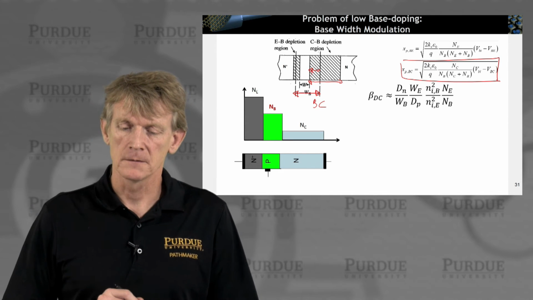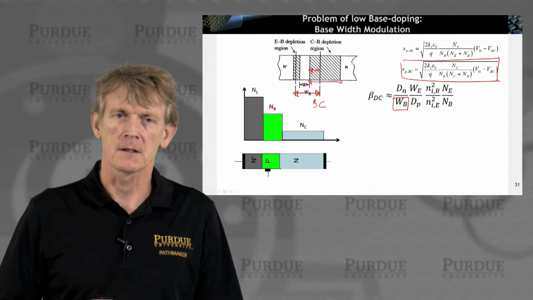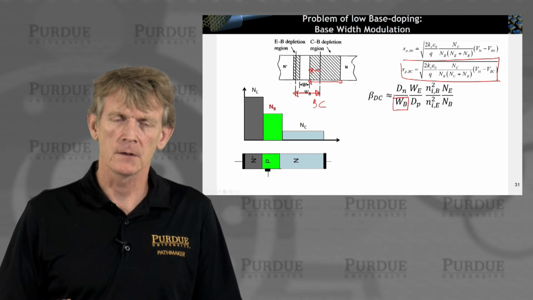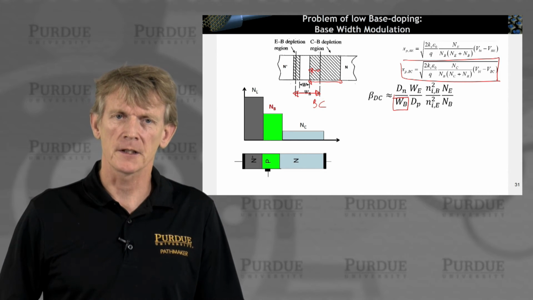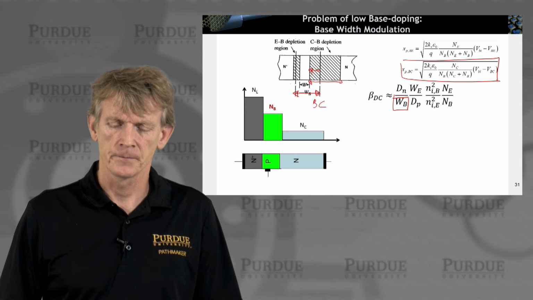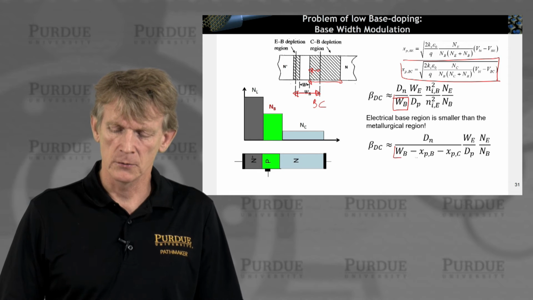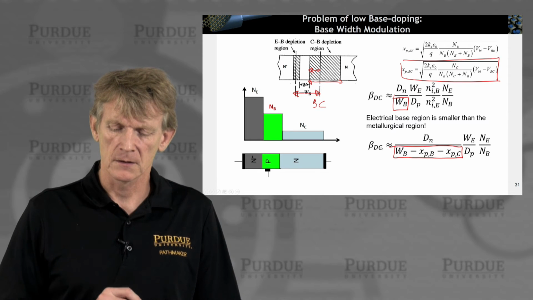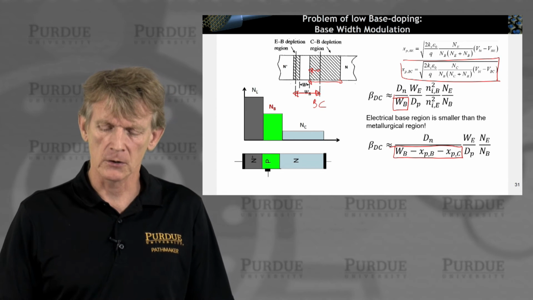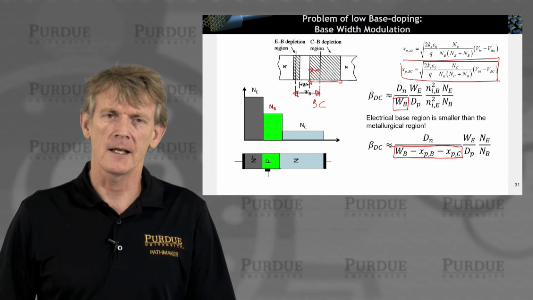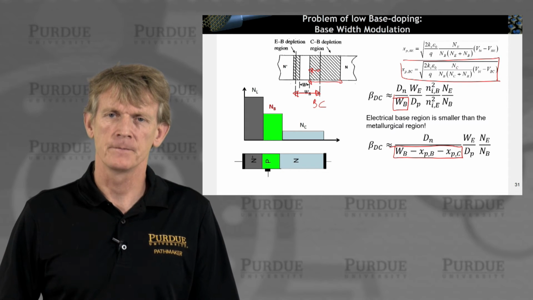Okay? Now, that means I'm modulating the base width. It's not the physical base width, but the electrical base width that goes into the current expressions that we had calculated. So if that's the case, I can substitute my base width like this with an expression that now contains the depletion region. So I'm going to consider here the electrical width of this base junction.